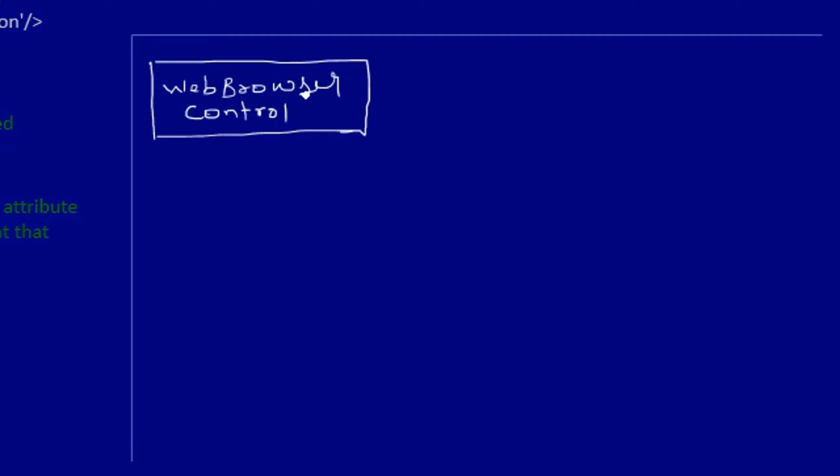So we have a web browser control, and this web browser control is embedded in our Windows form. Using the document text property of the web browser control, we cooked the HTML content and assigned it to the control.